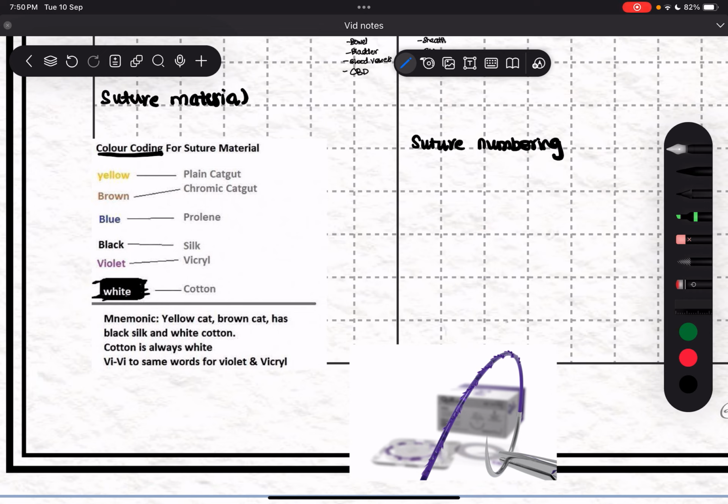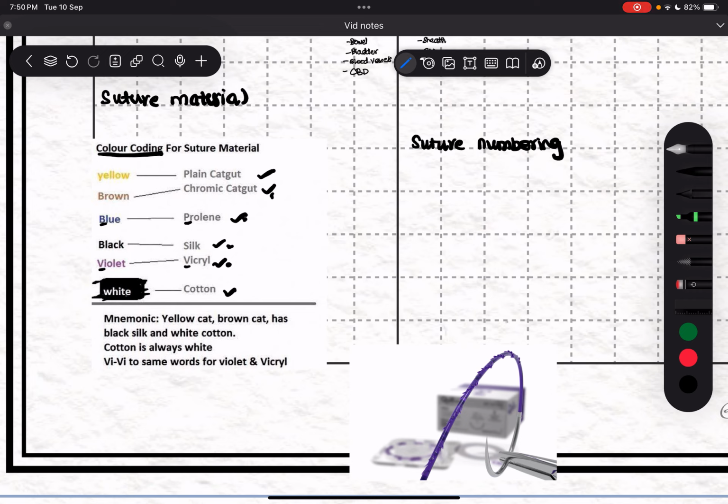Yellow is for plain catgut and brown is for chromic catgut. Blue is for prolene, black for silk, violet is vicryl, white is cotton. I don't know whether it is used. Violet I've seen, black I've seen, blue I've seen, brown I've seen. And there is a steel one, it is used in sternum closure. You'll be seeing it soon.